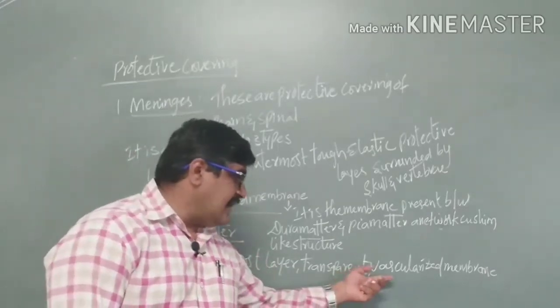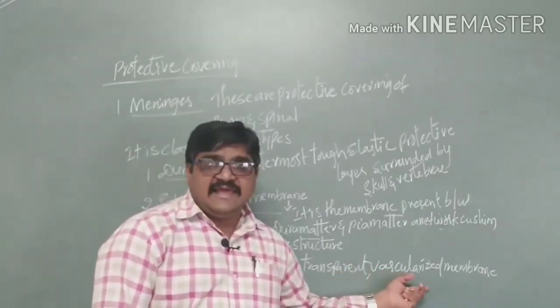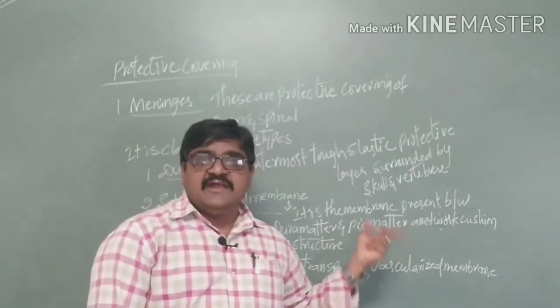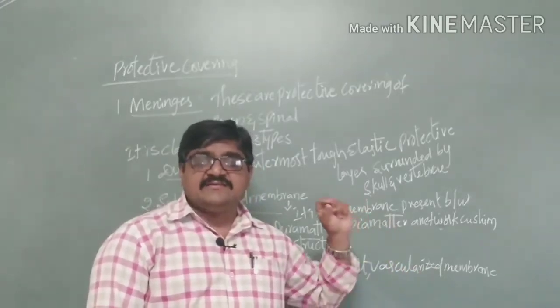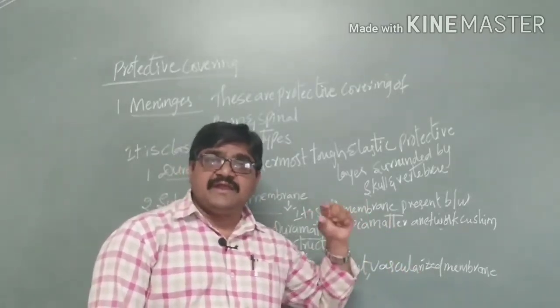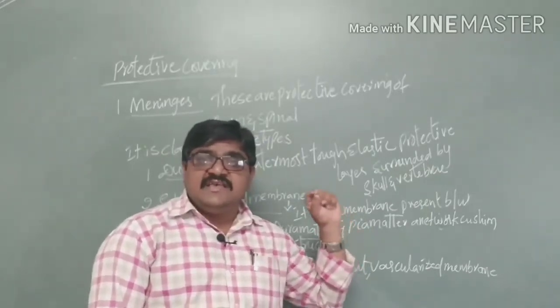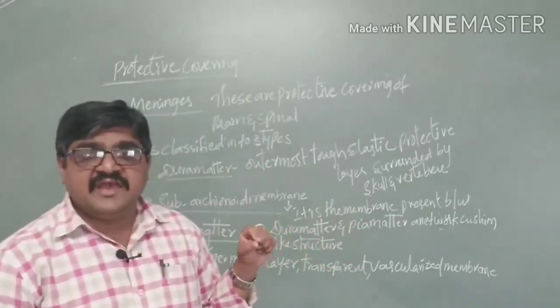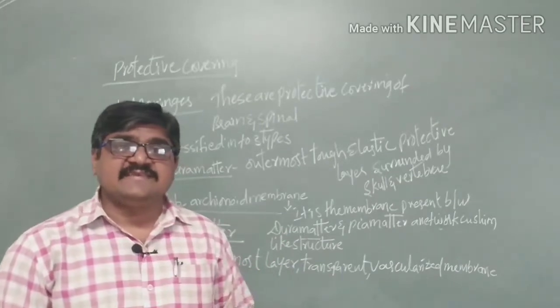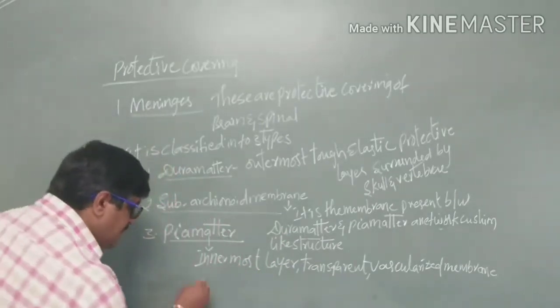So we call it a vascularized layer or membrane, present inside the brain and the spinal cord. Not only in the brain and spinal cord, the pia mater is also present in the ventricles, the cavities.